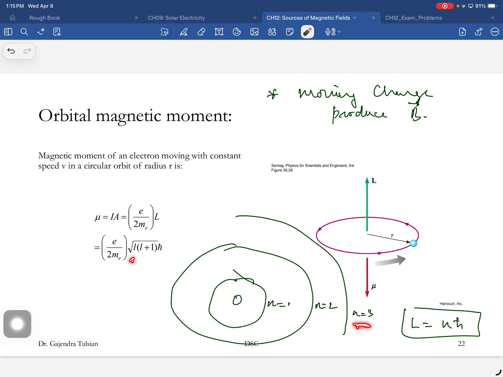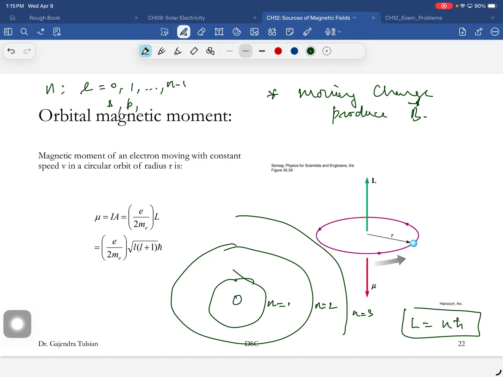For each quantum number n, L can take values from 0 to n minus 1. L equal to 0 is the s orbital, L equal to 1 is the p orbital, that's what you remember in chemistry, and L equal to 2 is d, and so on, the orbitals. So that's the L quantum number.